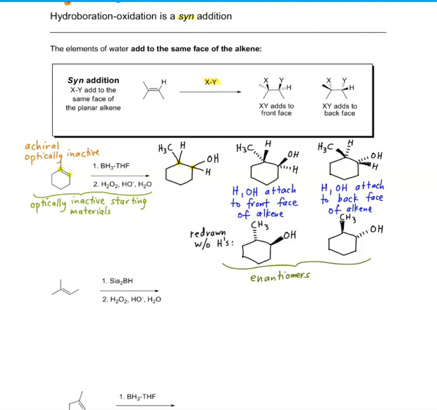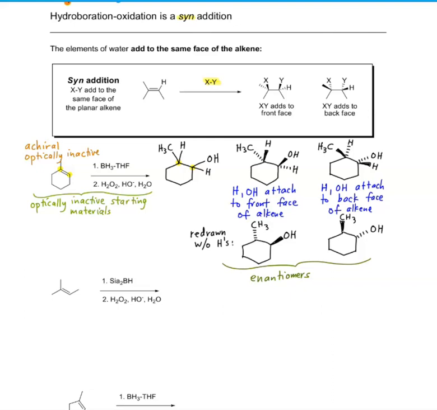Now, in the case of this alkene, the faces are actually pretty much the same. So the reagent is going to approach one face with the same likelihood as it would the other face, meaning that the rates of approach to either face by the reagent BH3 are going to be the same, which means that you get the same amount of each of these products.